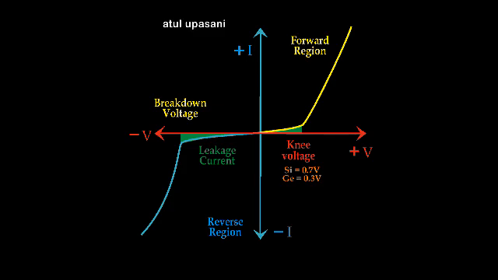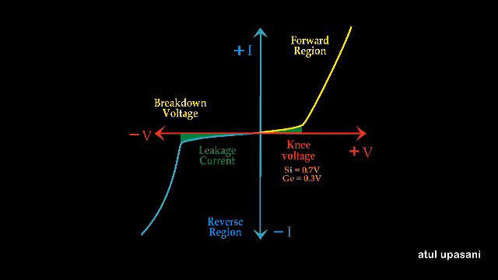So the diode is not perfectly forward biased. Perfectly forward biased means the depletion layer is no longer present, but here the depletion layer is still present, and if the depletion layer is present, there should not be any current passing through the diode. But due to minority charge carriers, there will be leakage current.